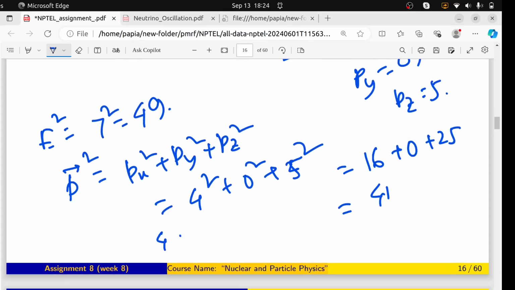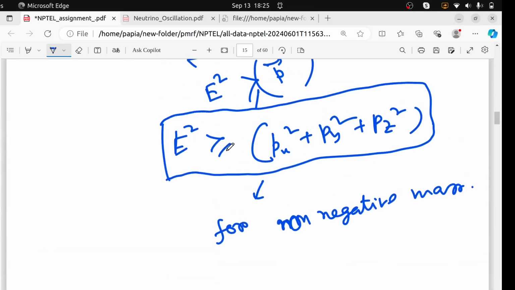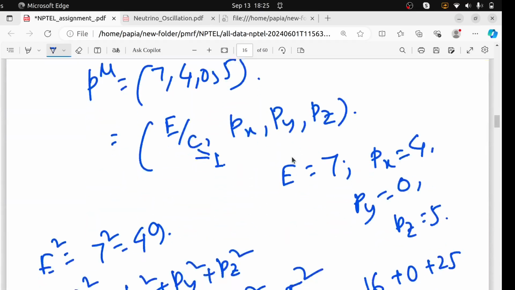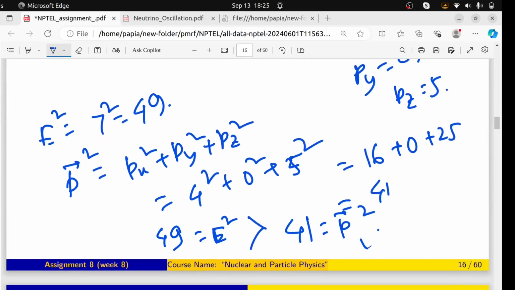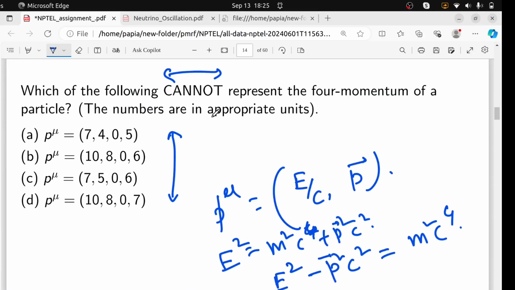So 49, which is E squared, is greater than 41, which is p vector squared. As I told you, the main expression is that E squared should be greater than or equal to p squared. So it is fine for this case. That means option A is fine; we can write the four momentum representation of a particle in this form.